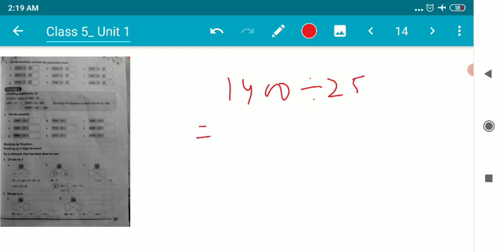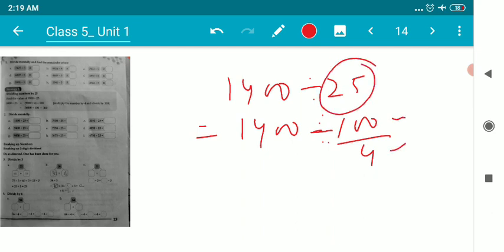What we will do, children, is write 1400 as it is, and in place of the divide sign we will write multiplication. Since dividing 100 by 4 gives 25, 25 will be replaced with 100 by 4, and I'll reciprocate the 100 by 4.